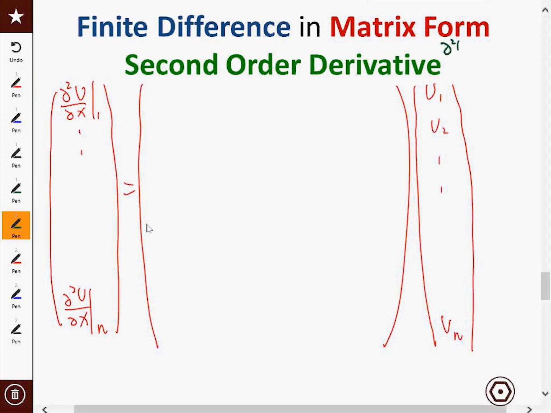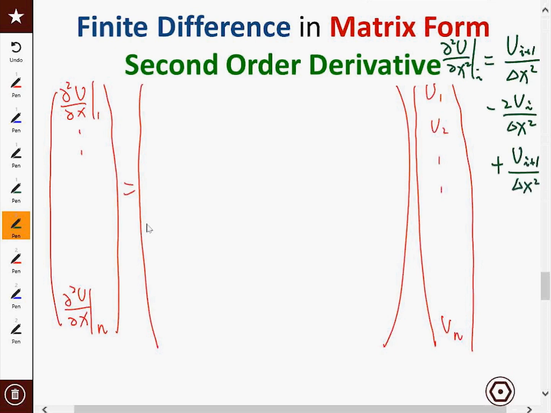Okay, so the second derivative, partial squared u over partial x squared at i, is equal to 3 terms, right? We have u of i plus 1 over delta x squared, minus 2 u i over delta x squared, plus u i minus 1 over delta x squared, right?